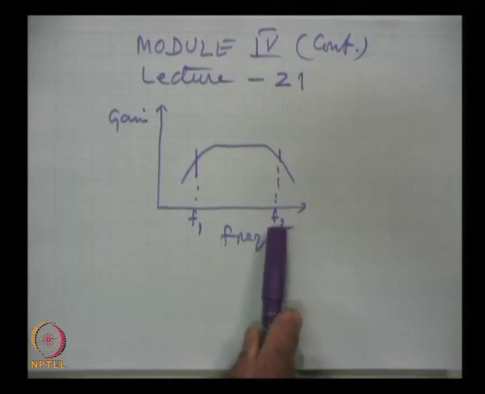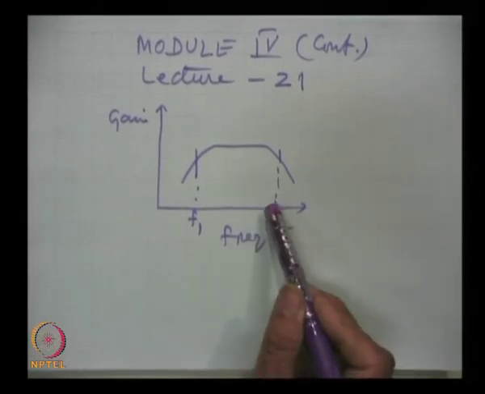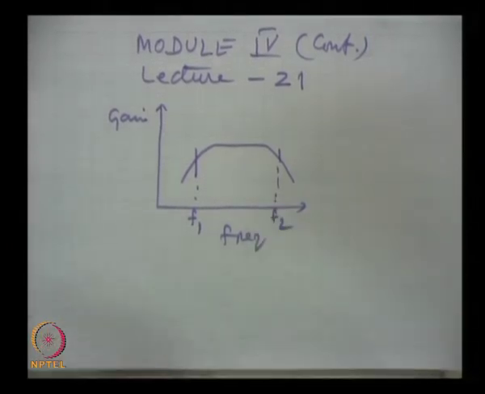This fall we can express in terms of the value f t, the frequency at which the gain falls to unity, which is provided by the manufacturer. And out of these 3, whichever has the lowest upper cutoff, that is the frequency f 2 that we get in the plot.